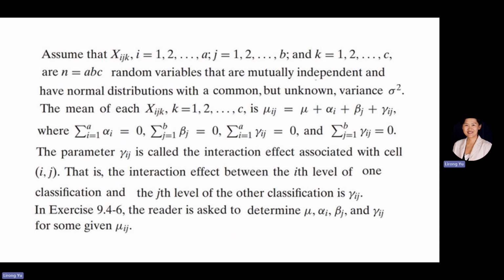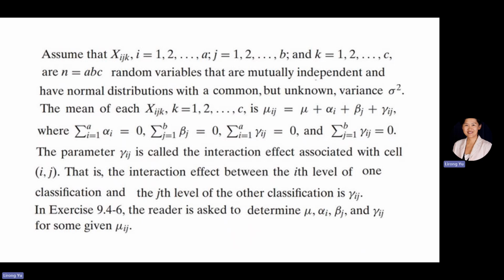Assume X_ijk represents: i is which value of factor A is chosen, j represents which value of factor B we're choosing, and k represents the example number. Suppose in box ij you have k examples.